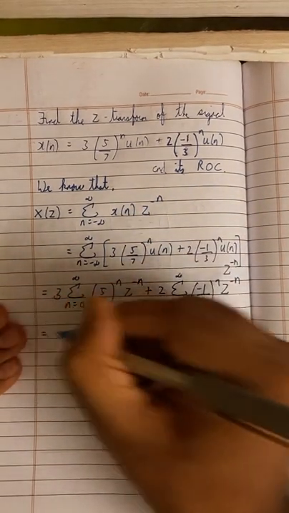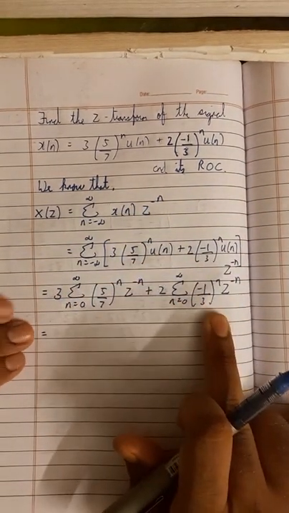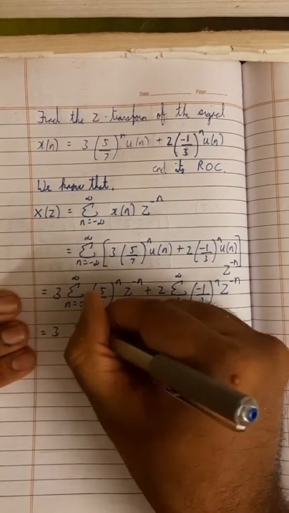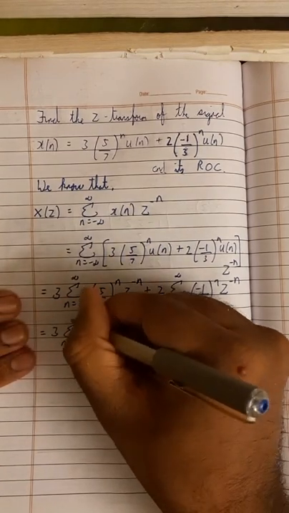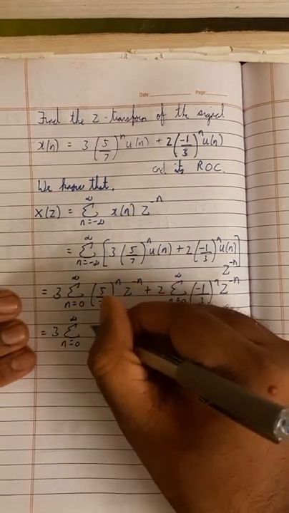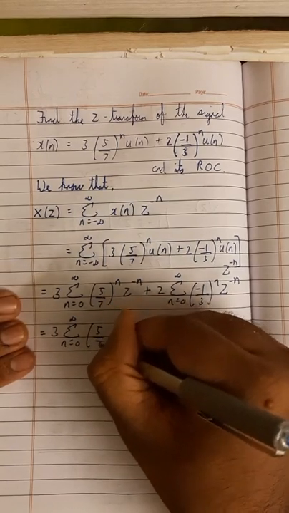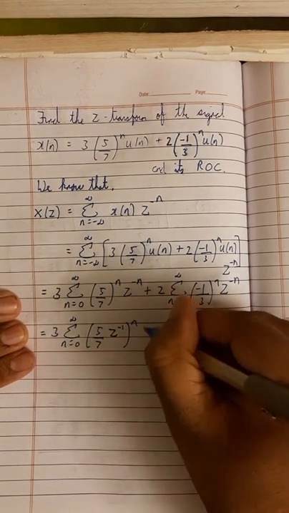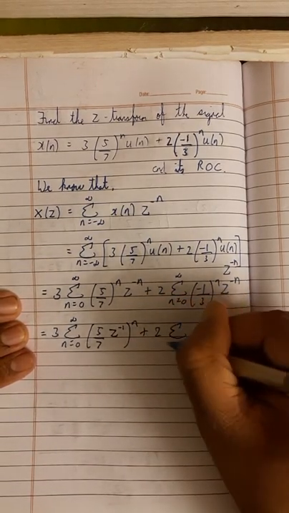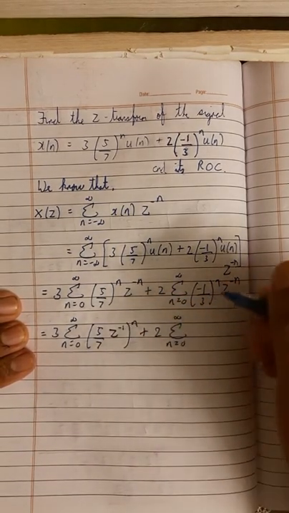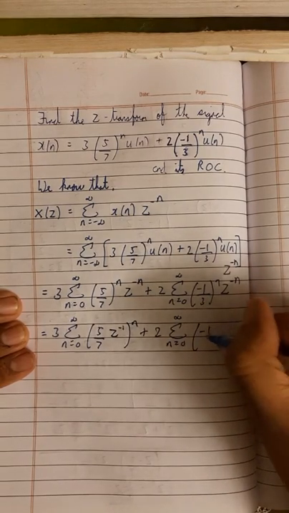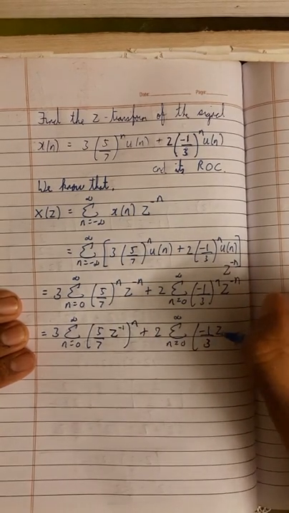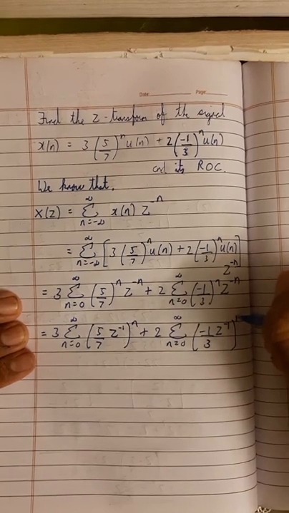This can also be written as 3 into sigma n equals 0 to infinity (5 by 7 z inverse) raised to n plus 2 into sigma n equals 0 to infinity (minus 1 by 3 z inverse) raised to n.